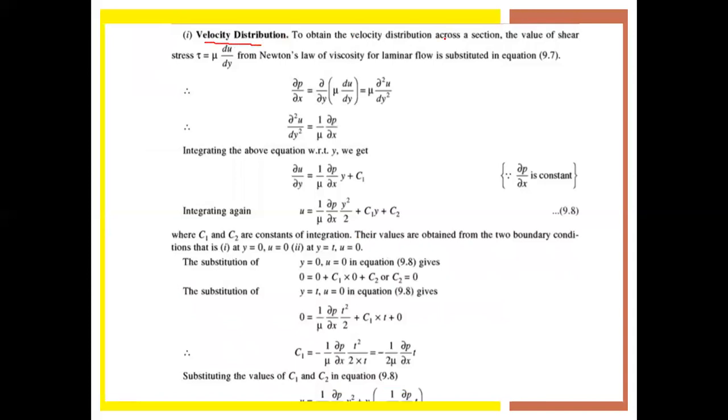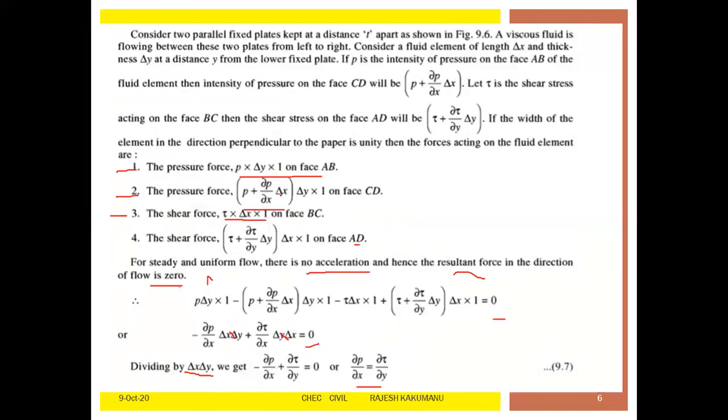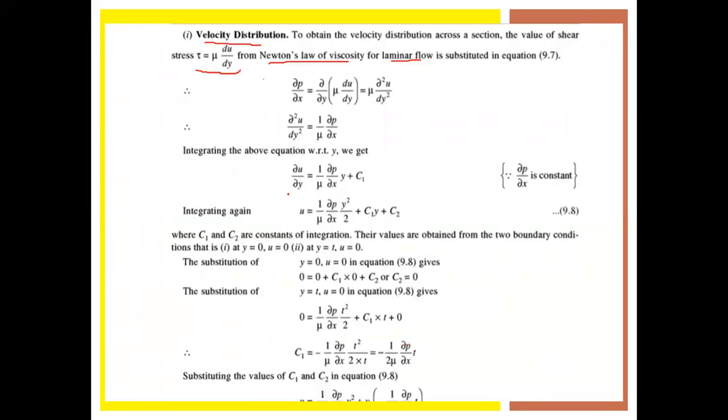to obtain the velocity distribution across the section, the value of the shear stress, we know τ = μ du/dy, from Newton's law of viscosity for laminar flow, for this expression 9.7. In this expression, substitute this value.